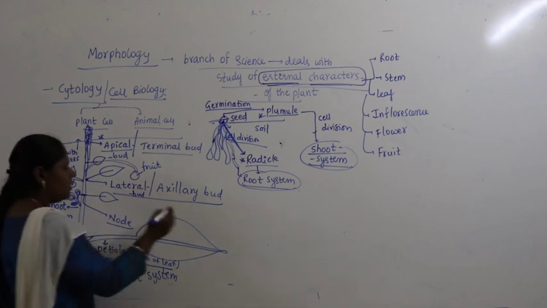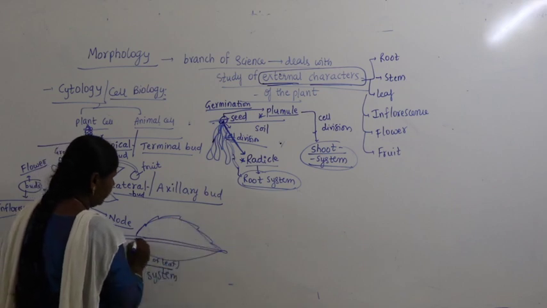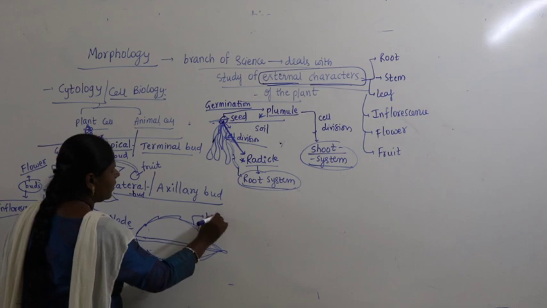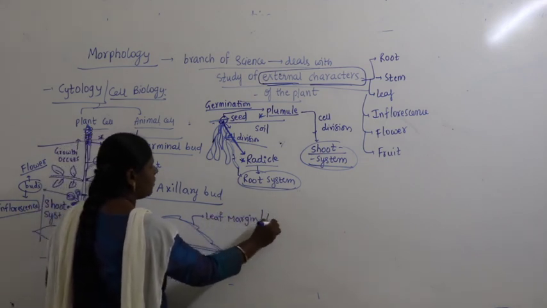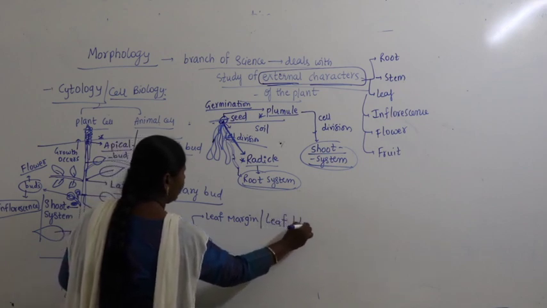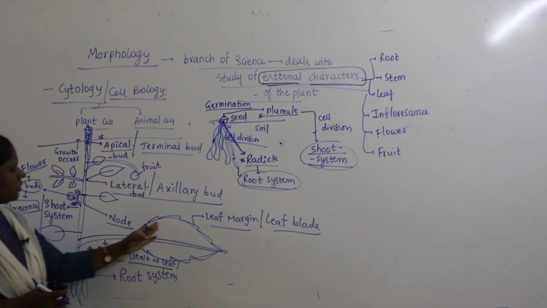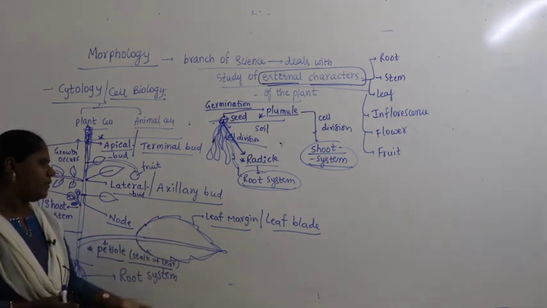Then here, this is the leaf. The leaf contains the surface area. The margin of the leaf is called leaf margin, or leaf blade.